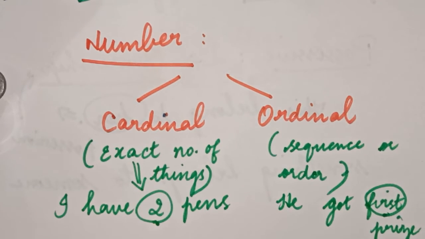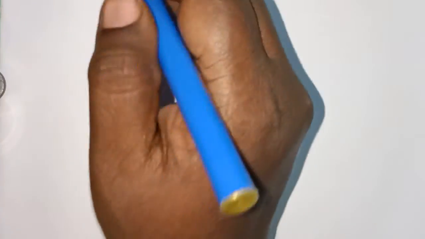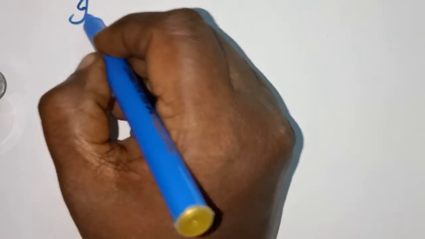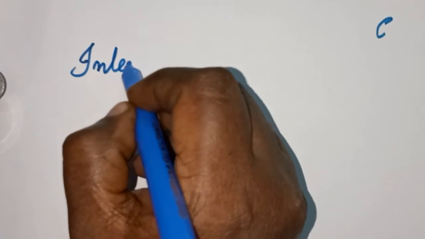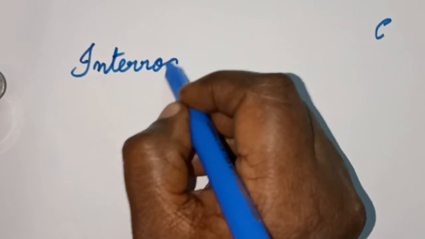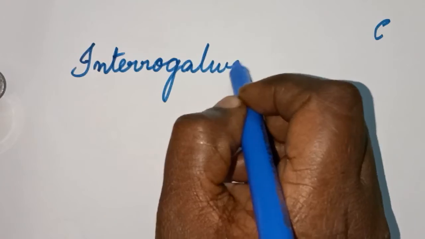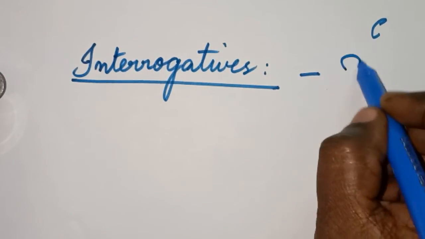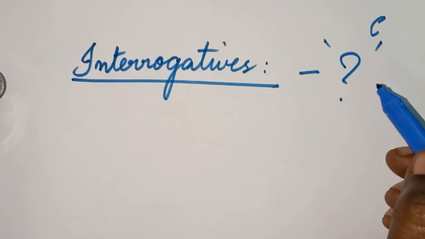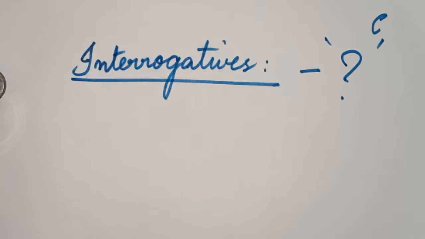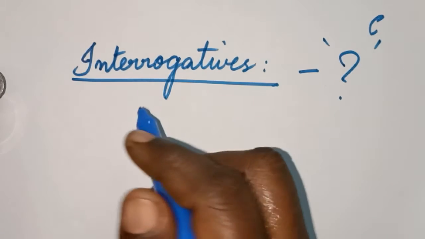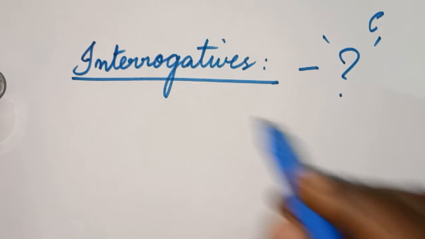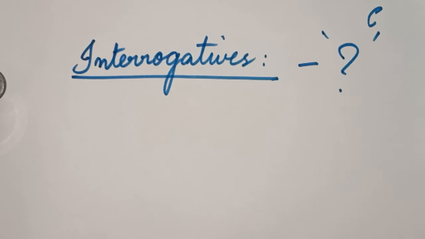Understood? Yes. And the last one is interrogatives. What are interrogatives? Interrogatives are nothing but questions. All the questions that ask a specific question are interrogatives. So we can talk about WH questions, right?